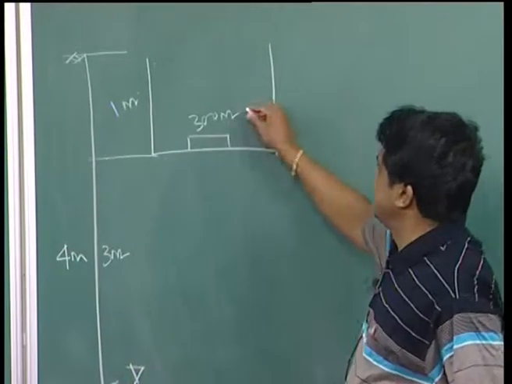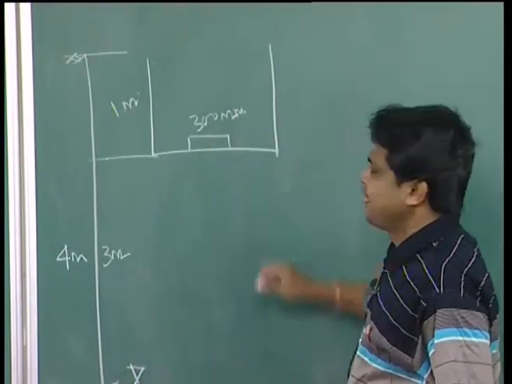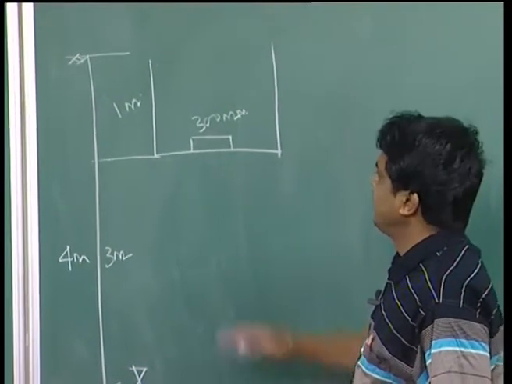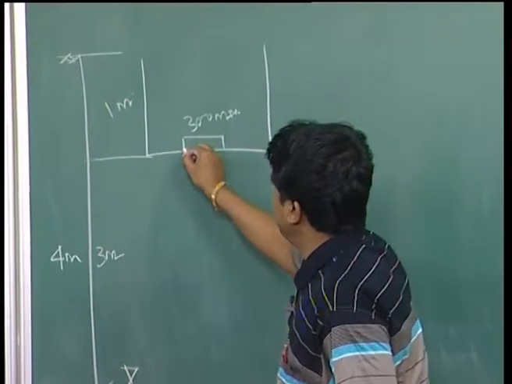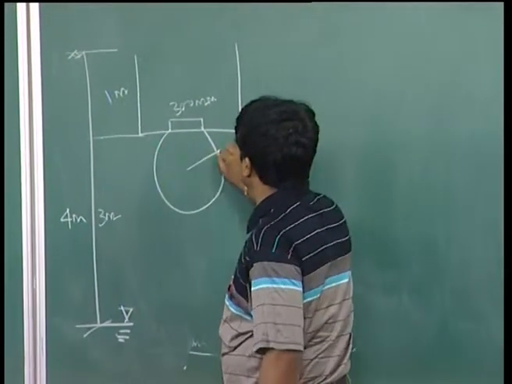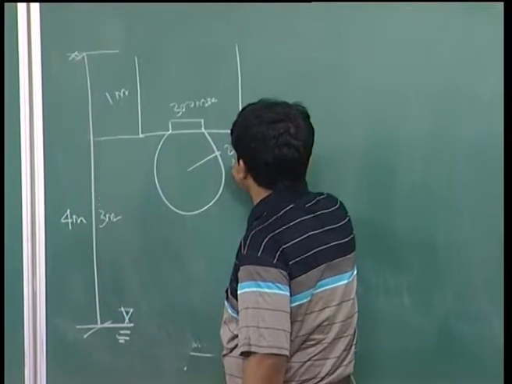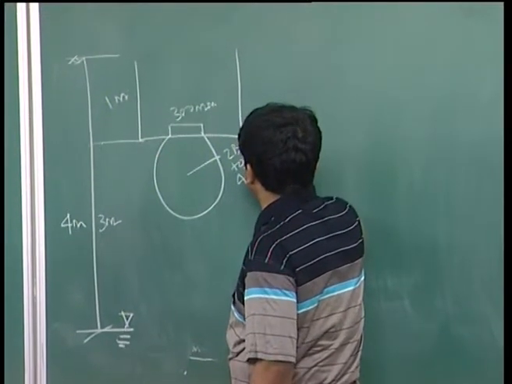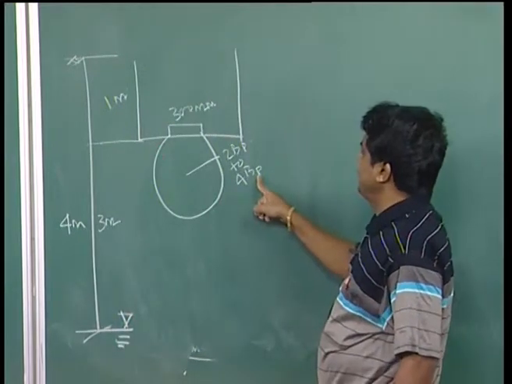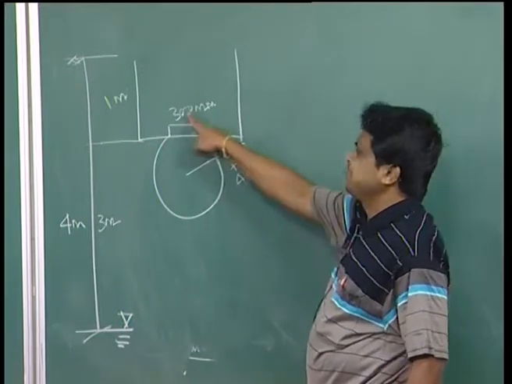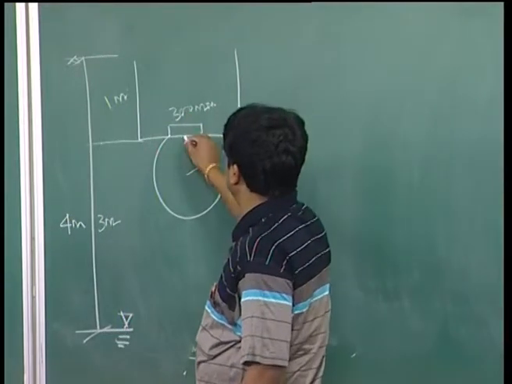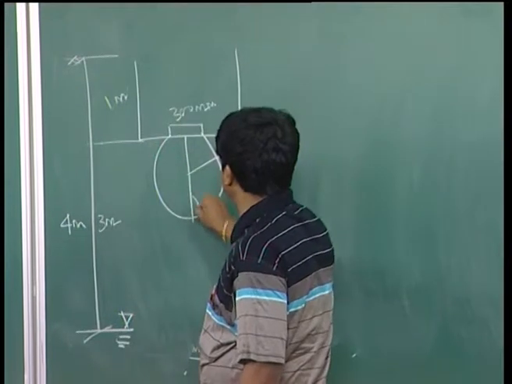Now the plate size is 300. What will be the effect of the water table? If I draw the influence diagram of 2BP to 4BP, where BP is the width of the plate, 4 times 300 is 1.2 meter.